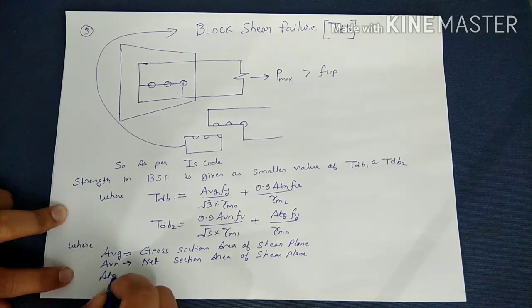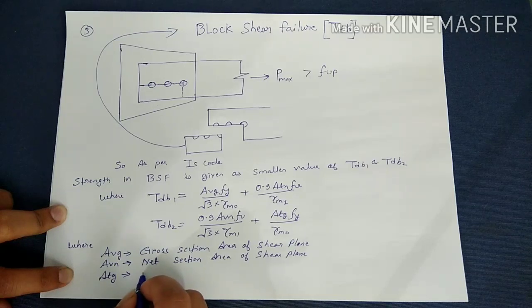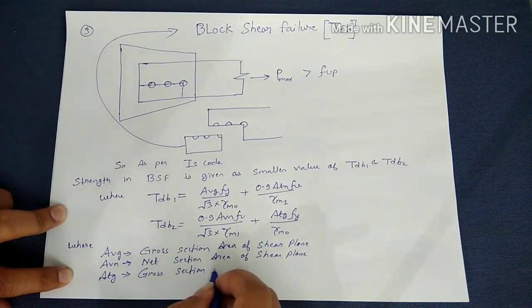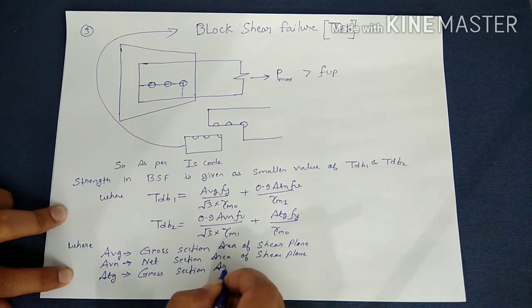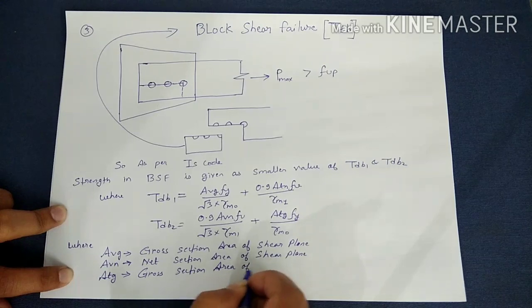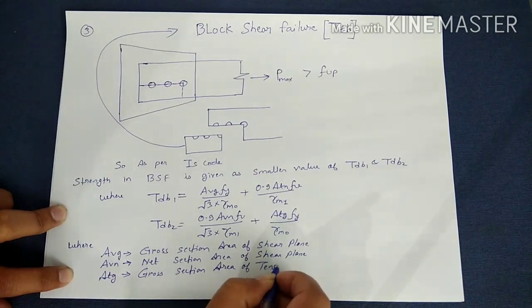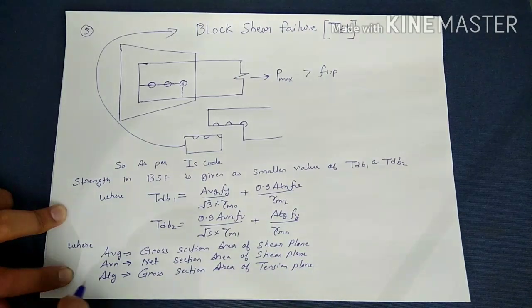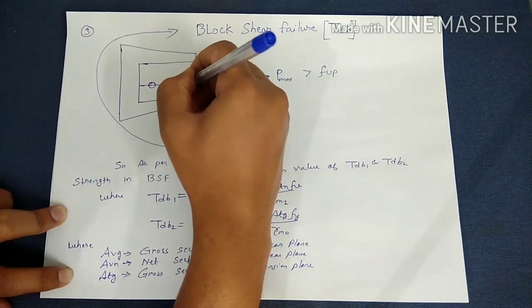Again, ATG is your gross section area of tension plane. This is your tension plane.